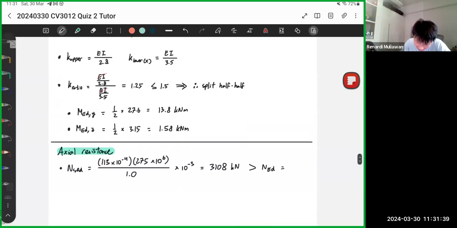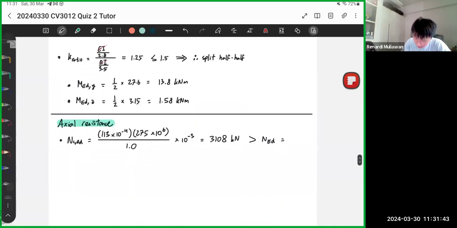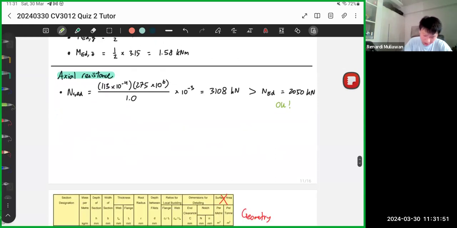What's NEd? NEd is 2050. So this check is okay. That's axial resistance done. It's that simple. It's very fast.